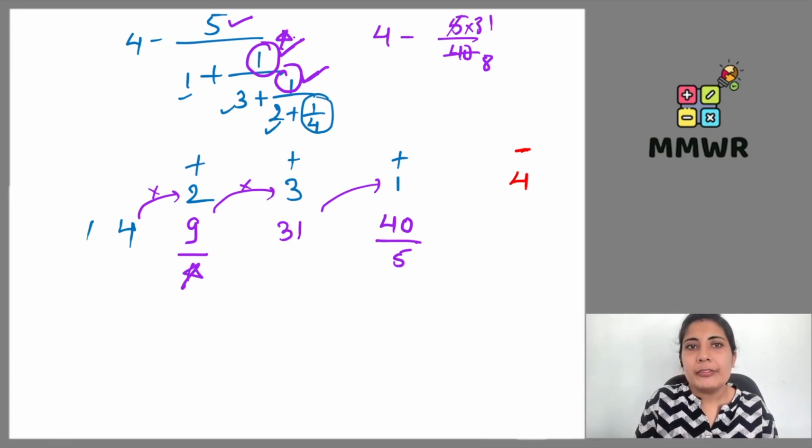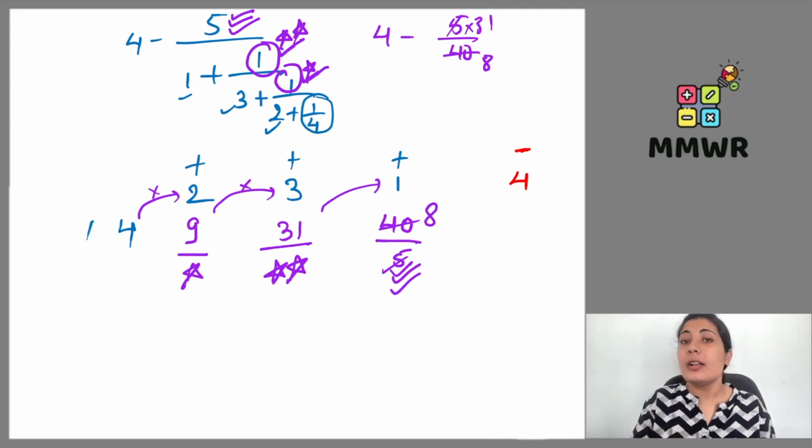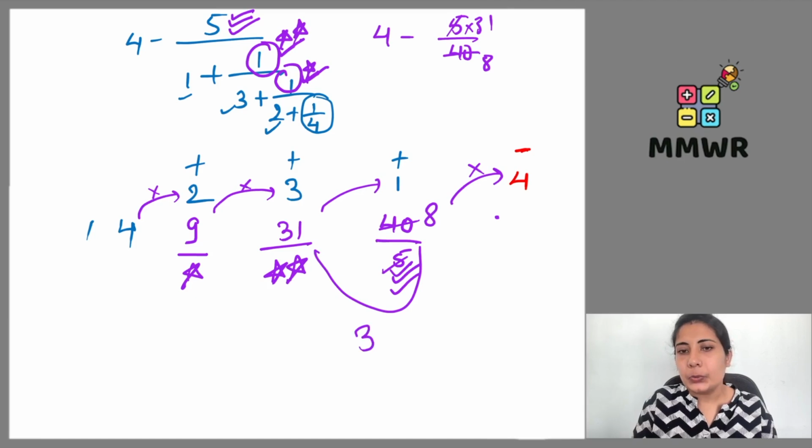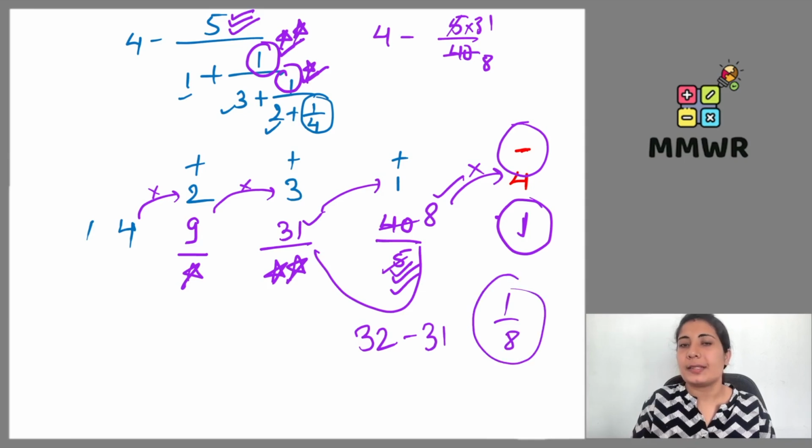Whatever we have, that we will be writing in the denominator of the second one, and at the third place we will be writing here. So this gives me 5 ones are 5, 5 8s are 40. Now 8 4s are 32, right? 32 minus 31. Why minus? Because here we have a minus sign. So 32 minus 31 gives me 1, and 1 upon 8 will be the final answer.